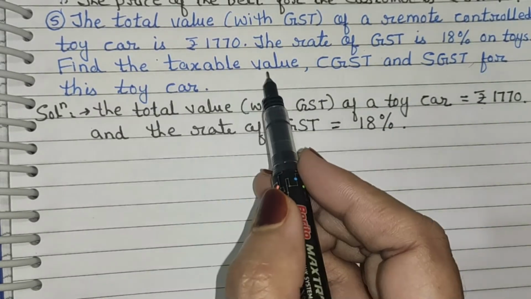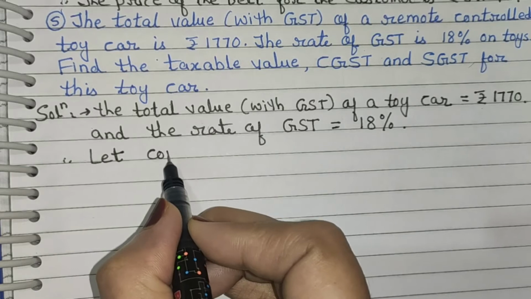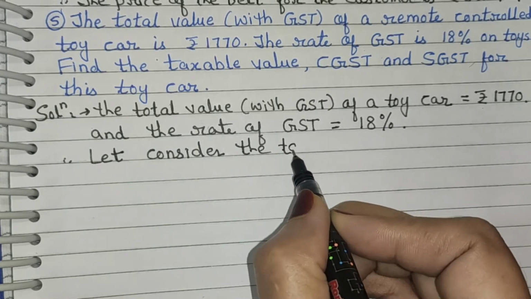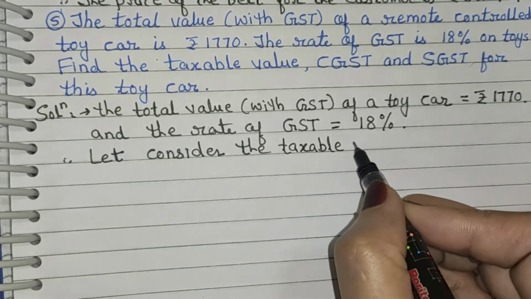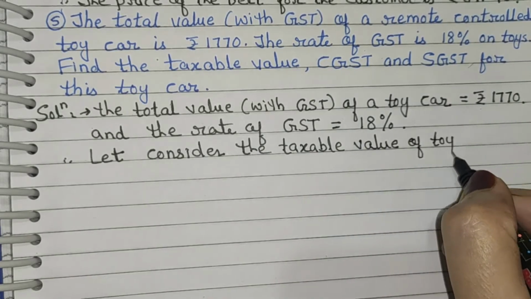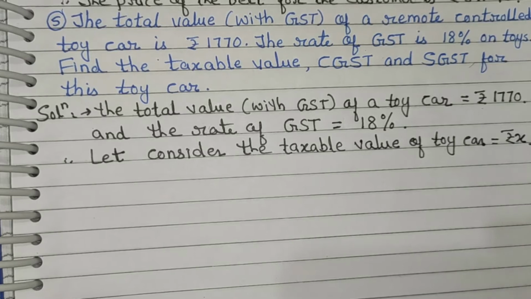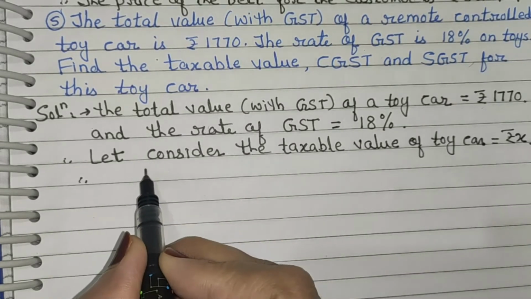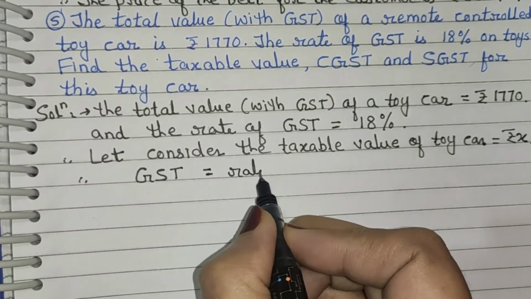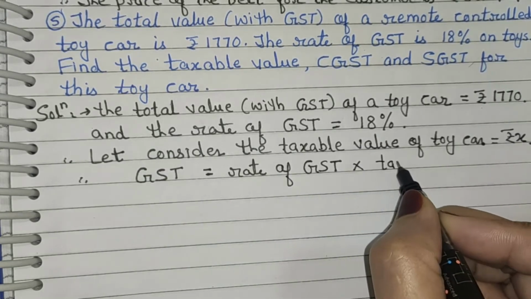Our aim is to find the taxable value. Therefore, let us consider the taxable value of toy car is rupees X. Now find amount of GST, which is equal to rate of GST into taxable value.